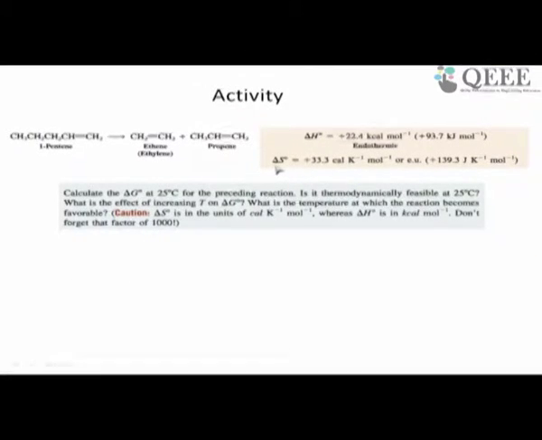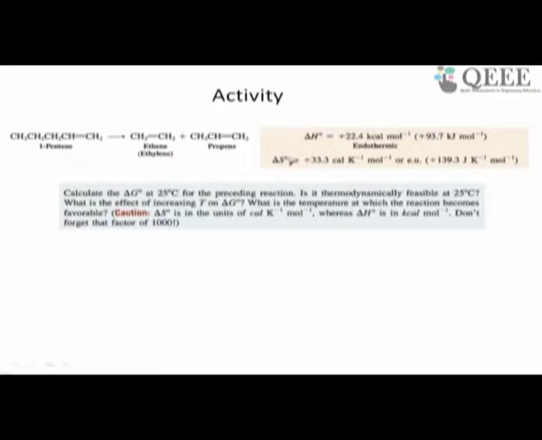Now, as I just said before, you can substitute delta H and delta S in that equation and see for yourself whether this will be a favorable reaction at room temperature or not. After having figured that out, you need to tell me what the effect of increasing temperature on delta G is. What is the temperature at which the reaction becomes favorable?